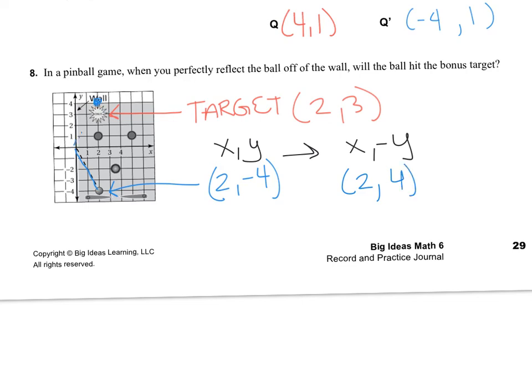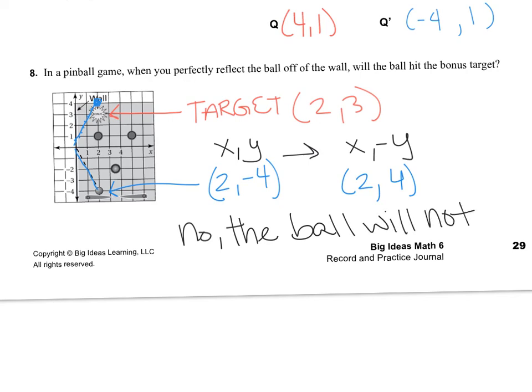It would reflect and hit there. Do we hit the target? And the answer is no. The ball will not hit the target. And that wraps up your notes for lesson 2-3.